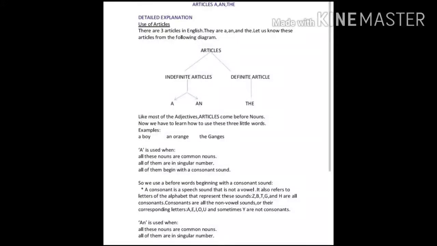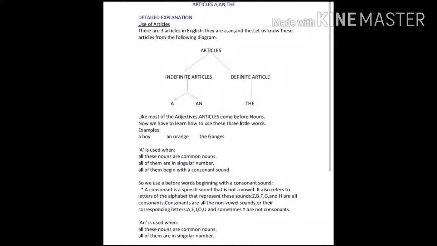Now, let us know these articles through the following diagram, which is given on this page. Articles, indefinite articles, and definite article. Indefinite articles are of 2 types, a and an. Definite article is only of 1 type, that is the.